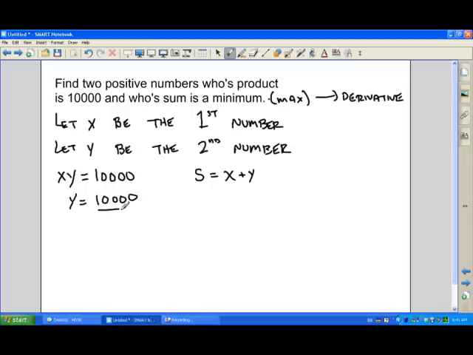Just like in the previous example, we want to do that by eliminating one variable. So if I took 10,000 and divided it by x, if I rearrange this equation, I would have an equation for y. So my sum equation can become x plus 10,000 divided by x, or x plus 10,000 times x to the power of negative 1.